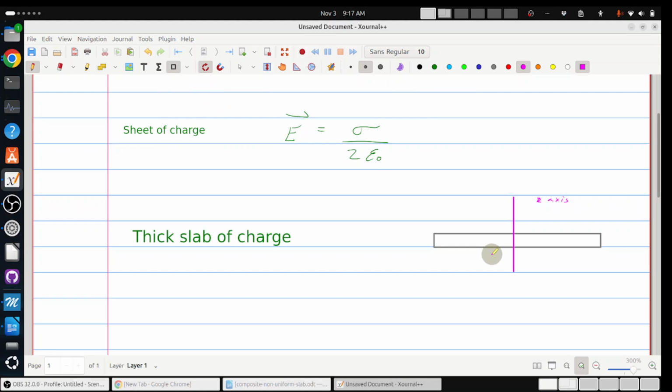Our Gaussian is some pillbox which is either outside or inside the sheet, but centered symmetrically on the sheet.